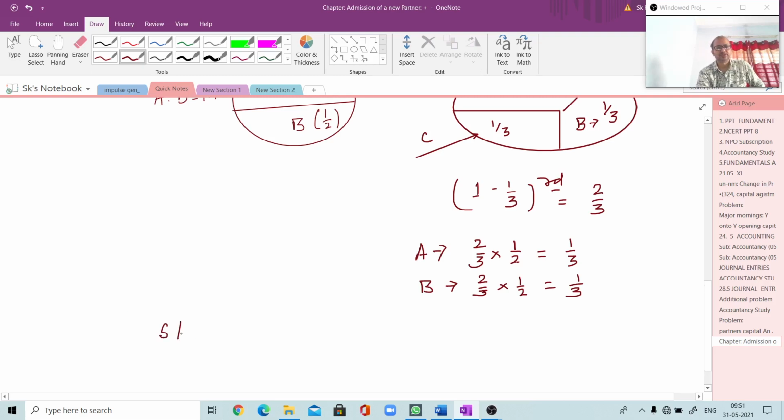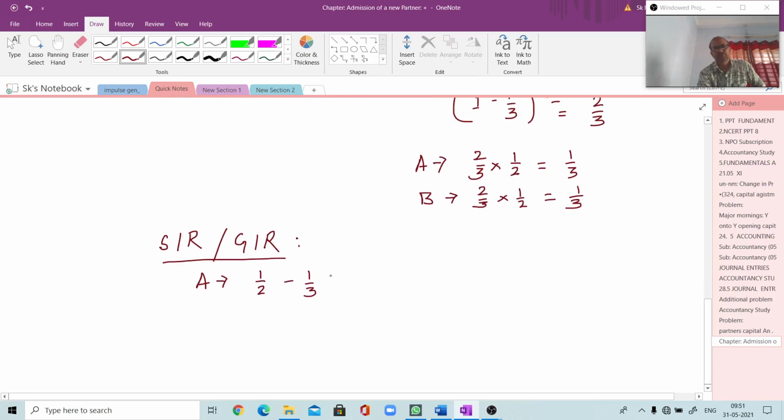If you want to find out SR and GR: for A, old minus new, LCM 6, 3 minus 2, so 1/6, positive, sacrifice.